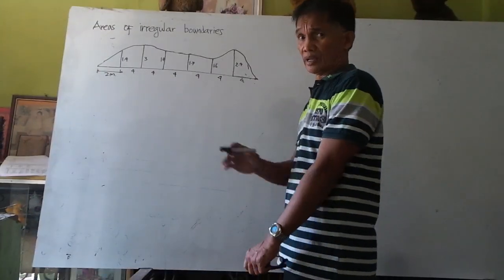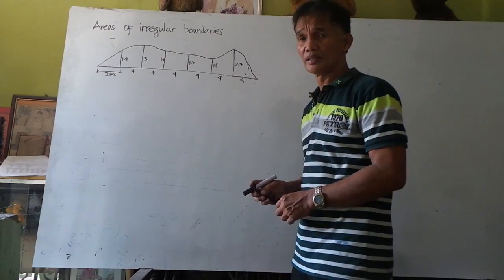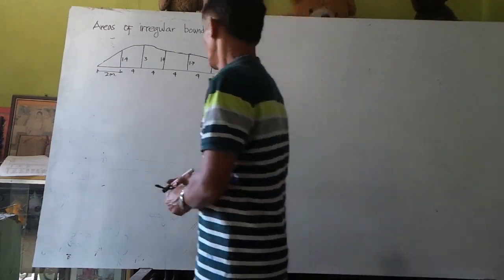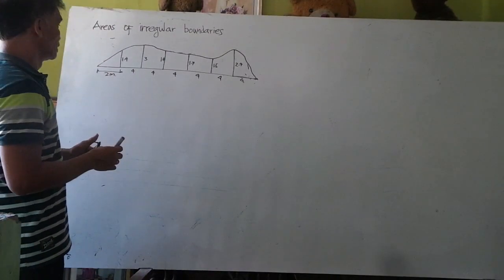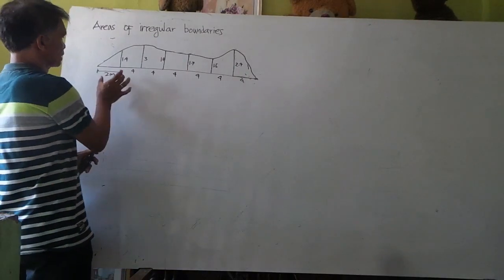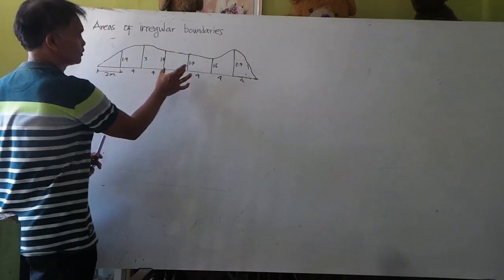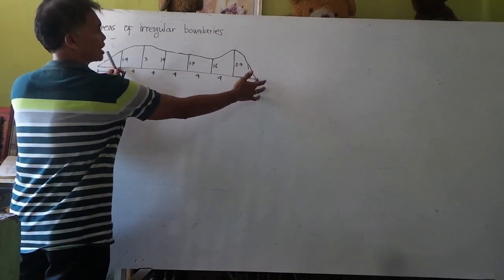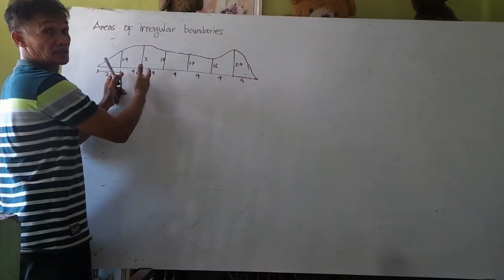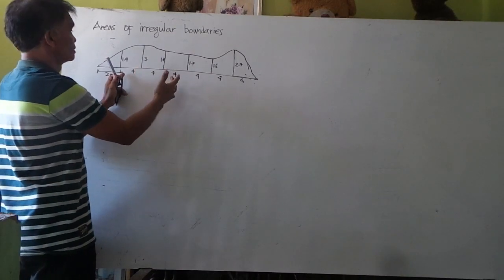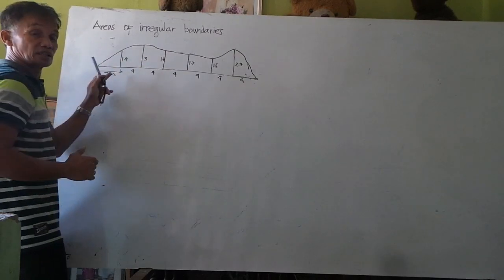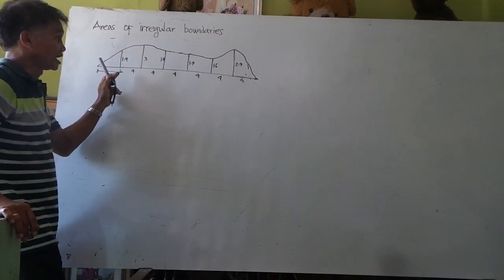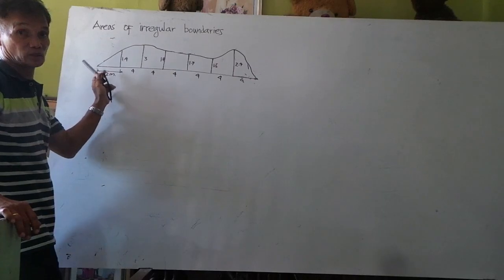Okay, we have here an area, again, an irregular area. We are told to solve this one using the Simpson 1/3 rule. If you look at the intervals that we have, the interval here is 4, 4, 4, 4, but this one is not equal to the others. So we cannot include this area because its interval is not equal to 2 meters.